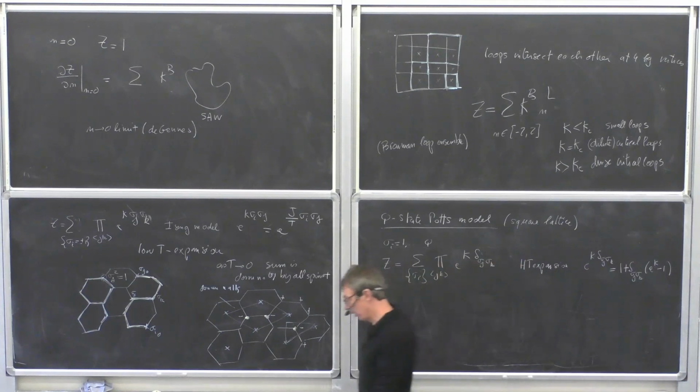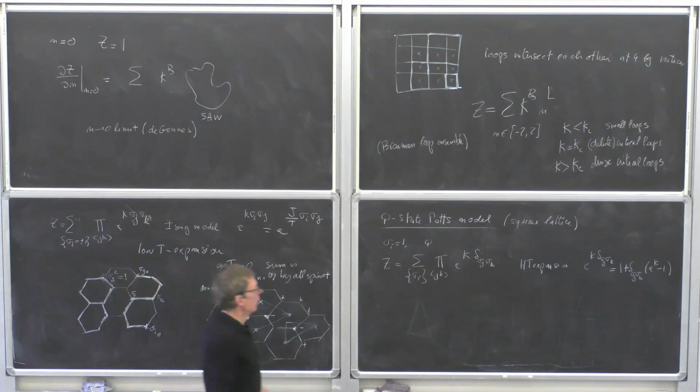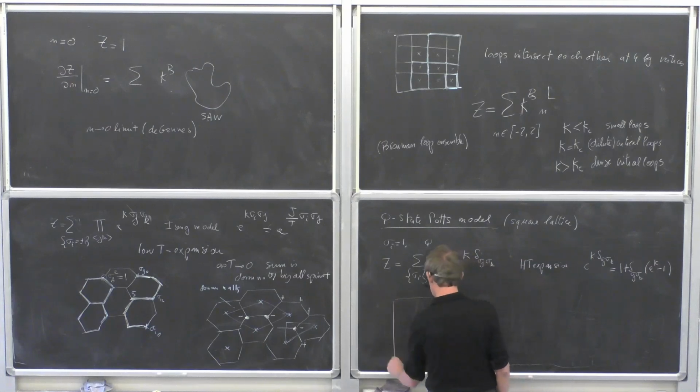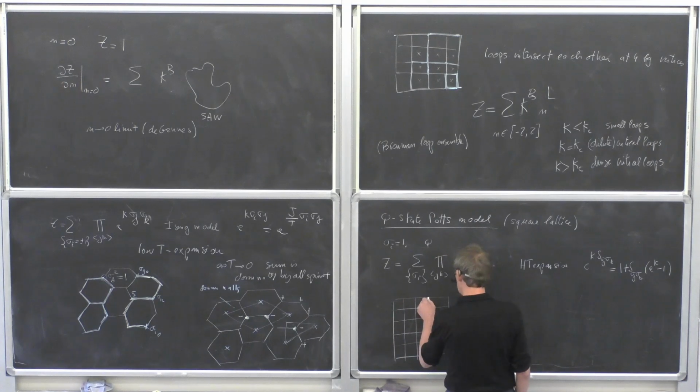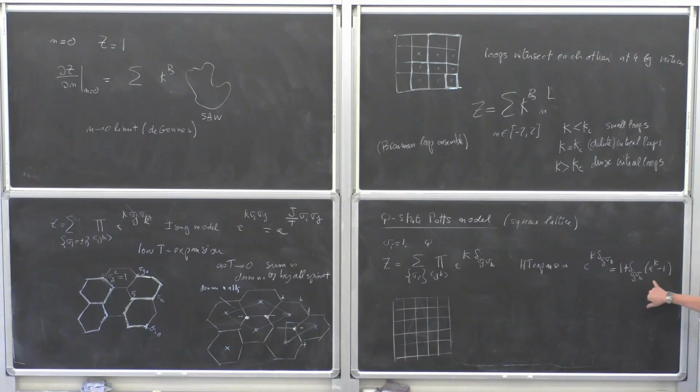You verify that's true. If the delta is 0, this is 1. If the delta is 1, this is e to the k, so that's correct. And then we do the same kind of expansion that we did in the Ising model. For each bond, or I should say edge on the lattice, we either take the 1 or we take this term.